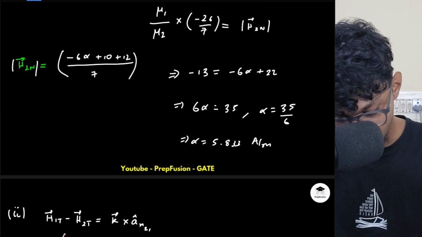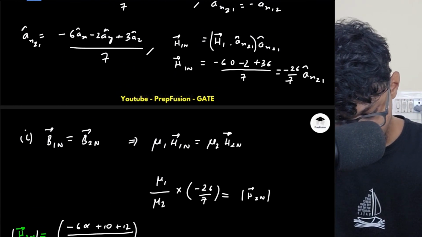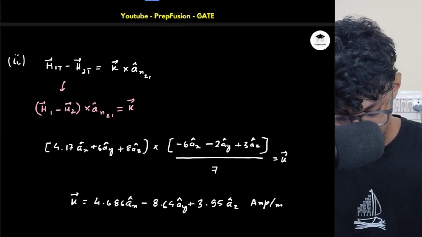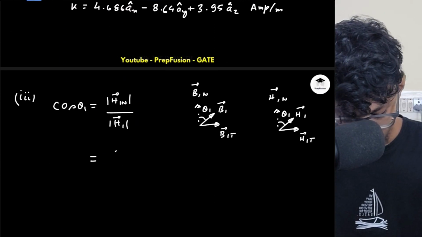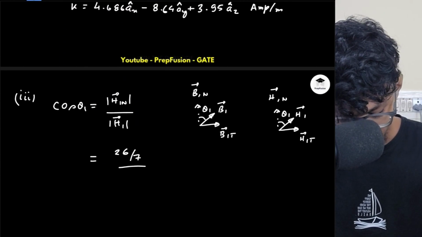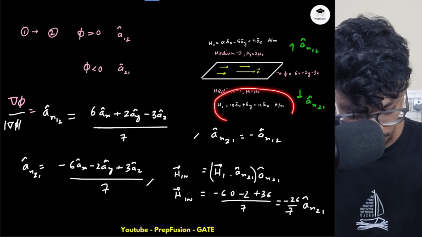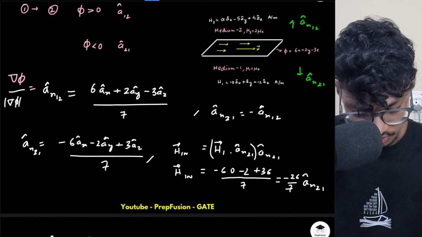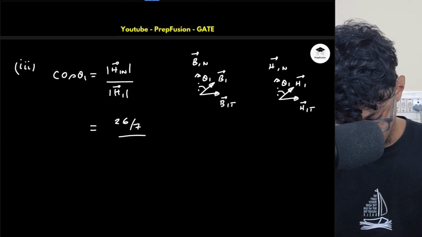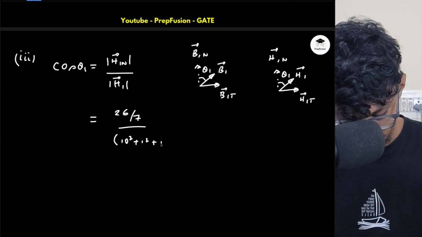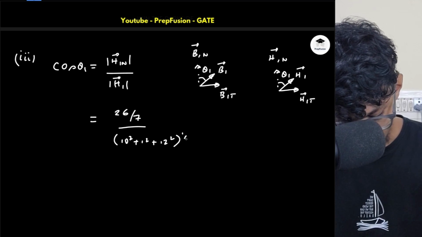So my H1n is this vector. The magnitude will be 26/7, divided by the magnitude of the H1 vector, which is already known to me. That is 10 squared plus 1 squared plus 12 squared, whole under root.